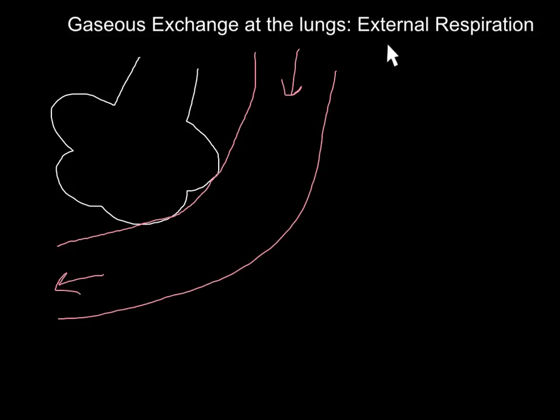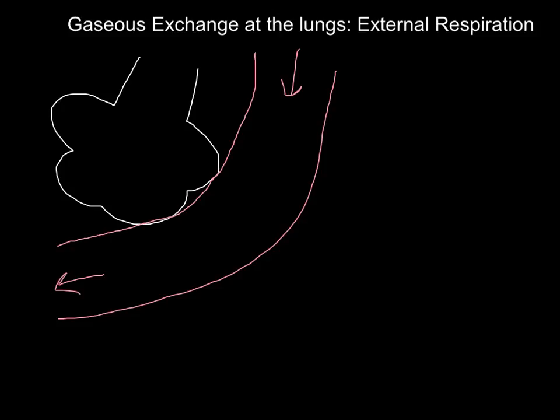So why am I talking about external respiration if I'm inside the lungs? Here's an alveolus, here's a blood capillary. How can this be external respiration? Because according to someone, whoever decided it, we can't talk about internal respiration until oxygen has actually entered your bloodstream.